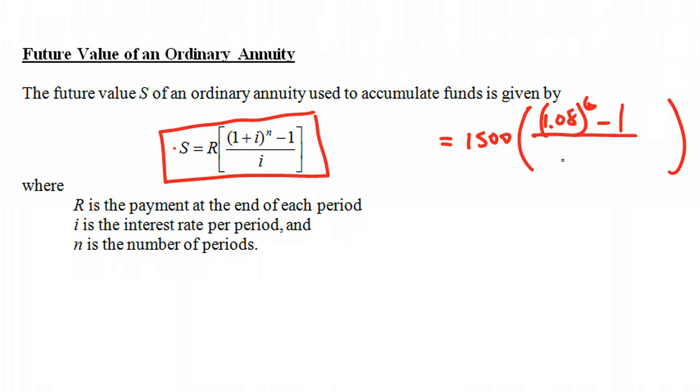And what did we have in the denominator? We had 0.08, so that was the i. So you can see the right-hand side of this formula corresponds to what we did here. But really where this formula ultimately comes from was the original formula that we had in the previous video. Well, this video is already getting kind of long, so I'll do some more examples in the next video.